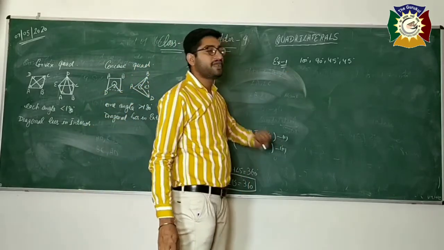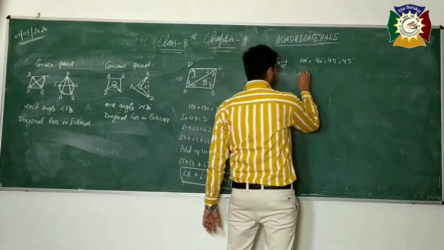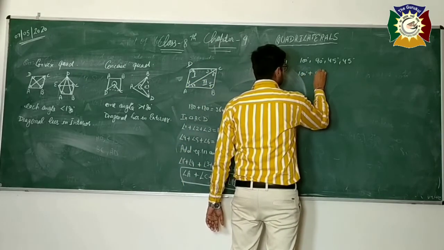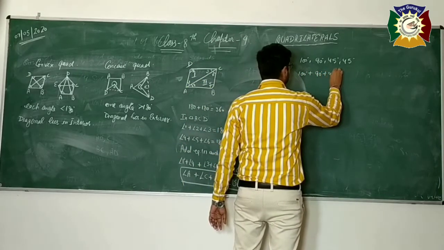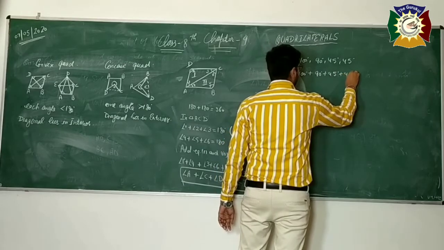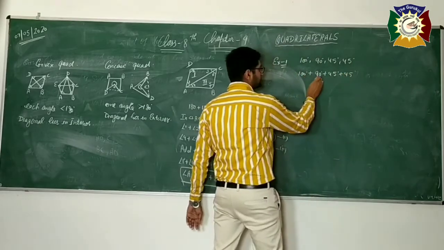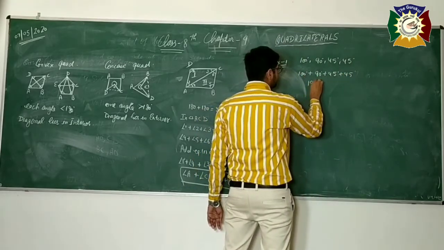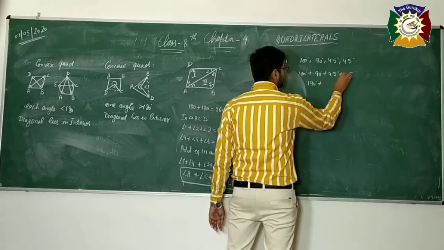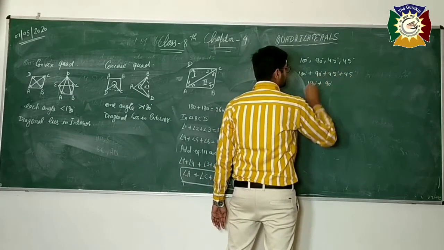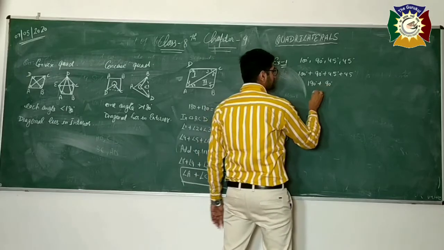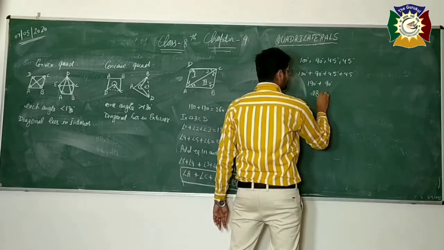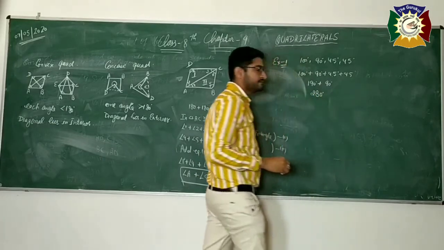So simply, when we add these angles, it's 100 plus 90 plus 45 plus 45. 100 plus 90 is 190, and 45 plus 45 is 90, and 190 plus 90 will be 280 degree.